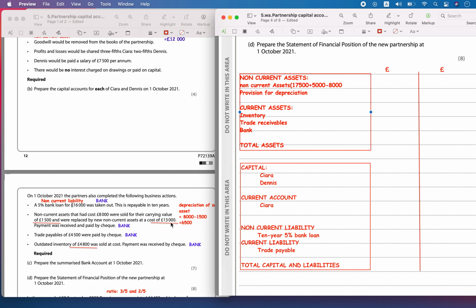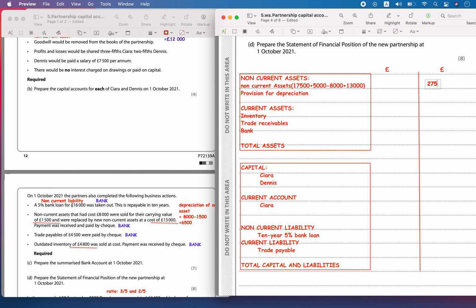And then they also bought a new non-current asset which cost about 13,000. So all this has to be included. So let's add up 17,500 plus 5,000 minus 8,000 plus 13,000, and you will get the value of 27,500.